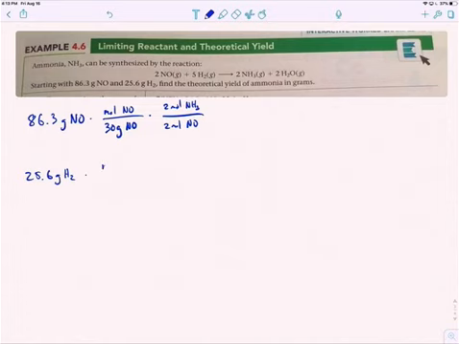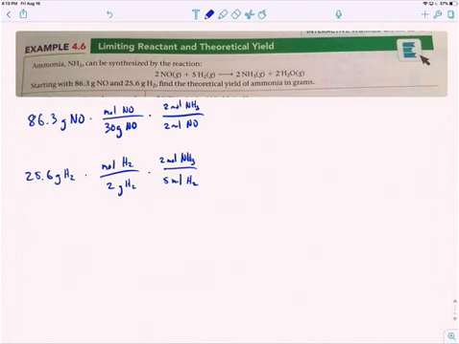For hydrogen, we have 1 mole hydrogen to 2 grams hydrogen times 2 moles ammonia to 5 moles of hydrogen.